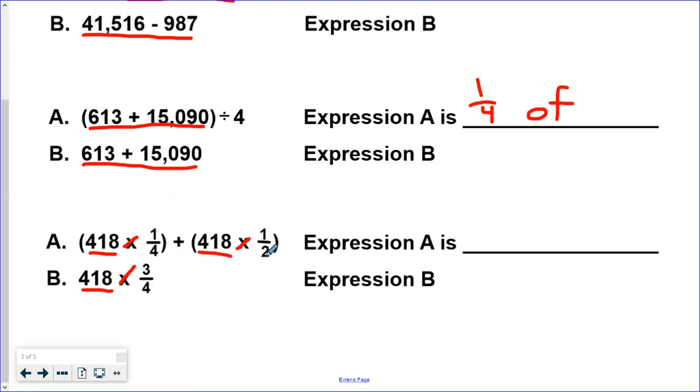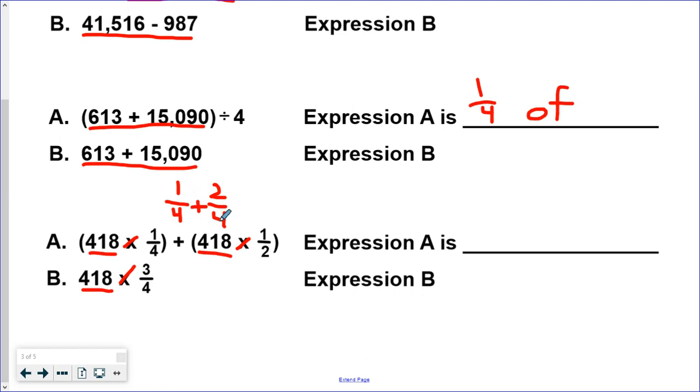So the common denominator between 2 and 4 is going to be 4. So I'm going to keep that 1/4 where it is. That doesn't change, but I am going to change the 1/2. I'm going to multiply both the numerator and the denominator by 2. And by doing that, I'm going to create a new fraction, which is 2/4. Because 1/2 and 2/4 are different numbers, but they're the same value.